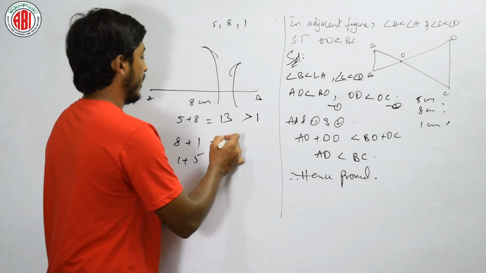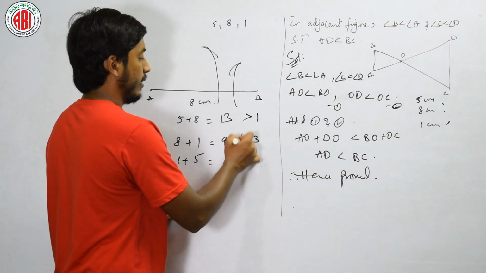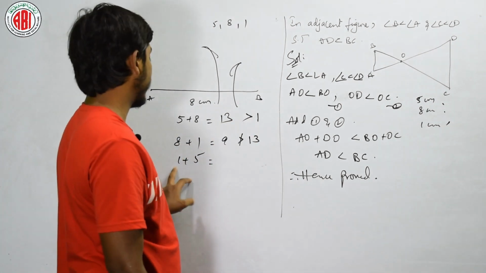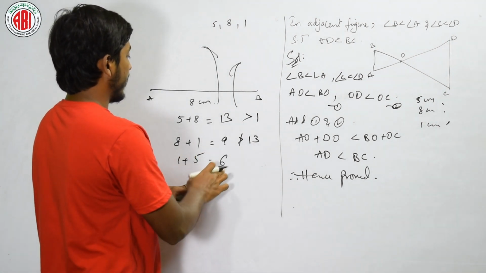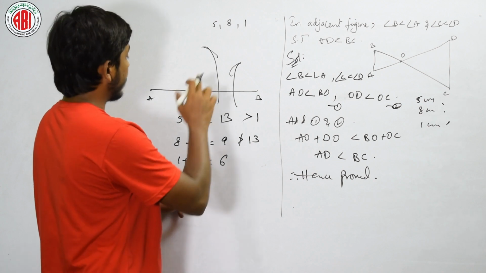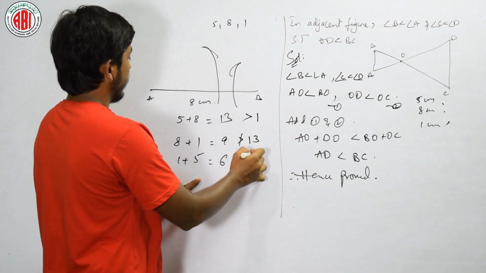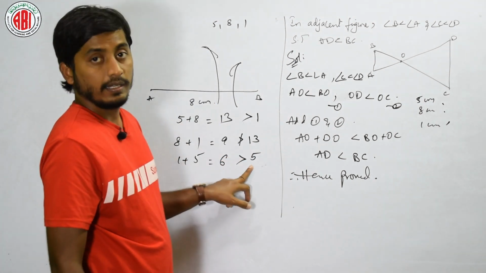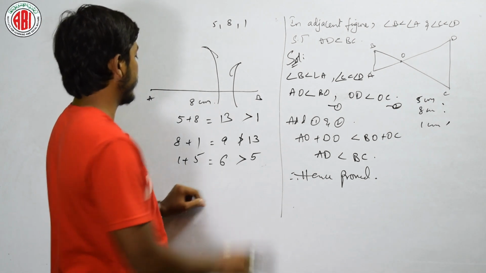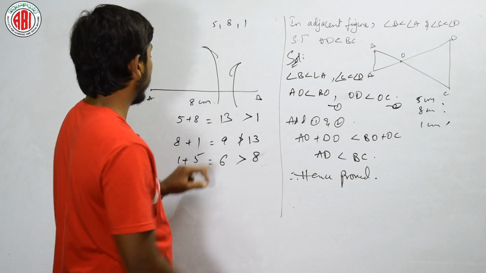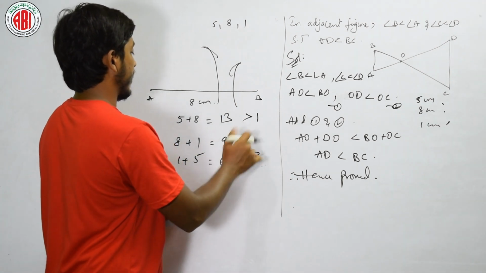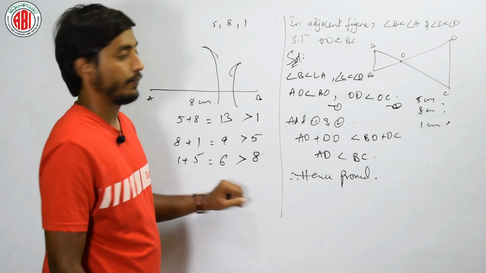Next, 8 plus 1, 9. Is it greater than 13? Obviously no. Next, 1 plus 5, 6. Is it greater than 8? No, right? Here 8 plus 1 is 9, which is greater than obviously 5.